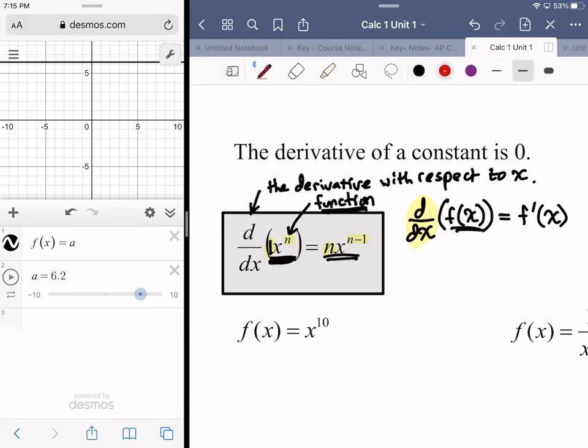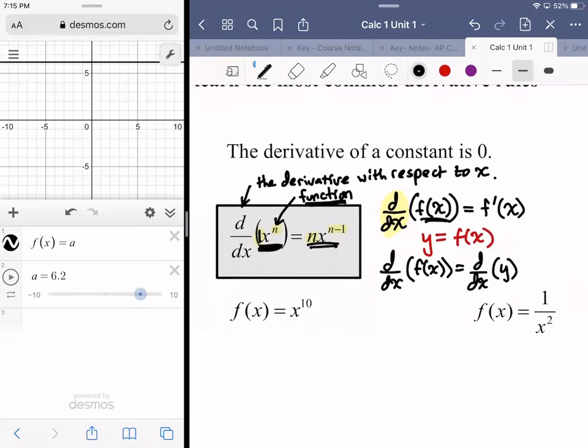But also, we know that in most instances, we think of y as being equal to f of x. So that makes y and f of x interchangeable. So instead of saying d dx of f of x, I could say d dx of y.